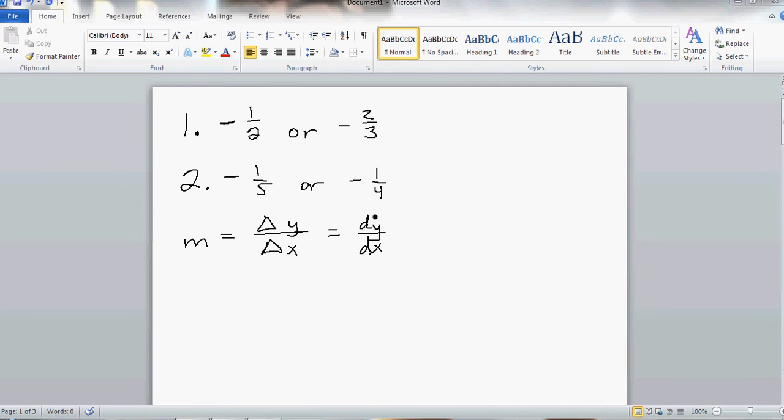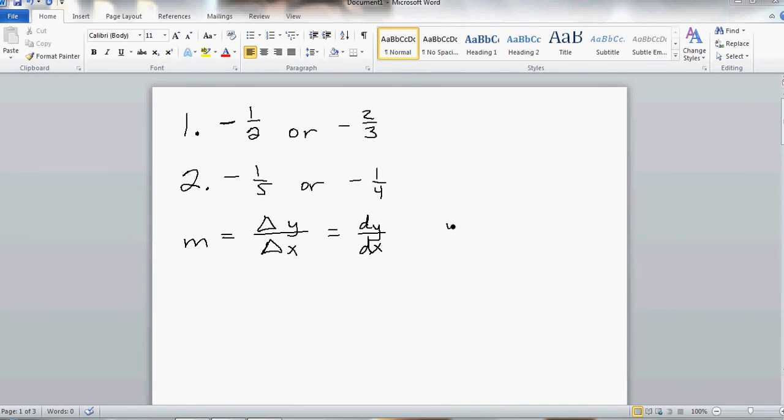Whenever we see dy dx, that means the derivative of y with respect to x. And realize these variables here mean nothing. It's always d.